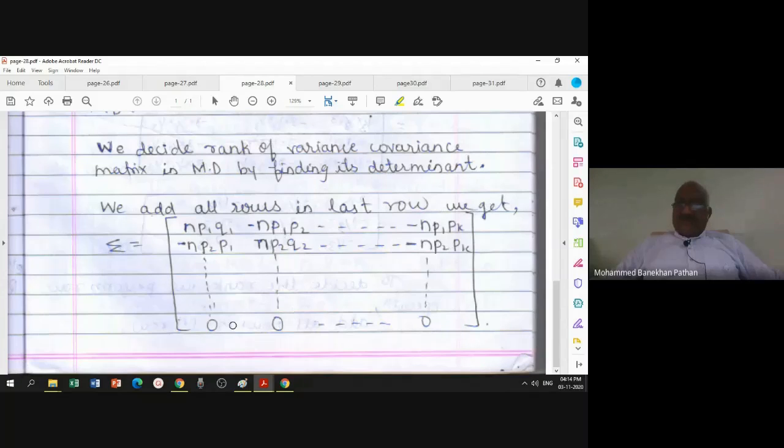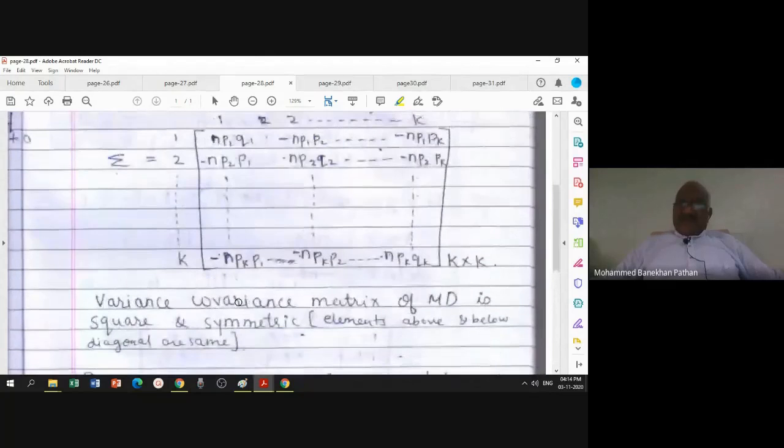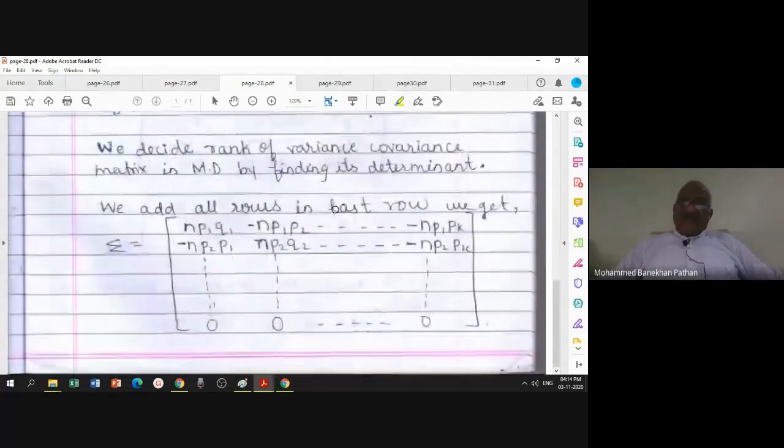That means in this last row, we add all the previous rows together: n p1 q1 plus this and here. So if you add all these elements in the last row, for every column, the final simplification comes like this.